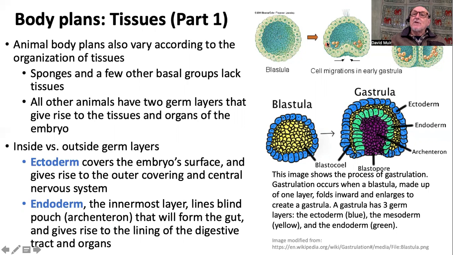The process of gastrulation is the process of invagination of the blastula. And in doing so, it's doing two things. First of all, it's creating a hollow on the inside. And second of all, it's creating a hole into the inside. Here's the blastocoel. Here's the gastrula, once that invagination has taken place.